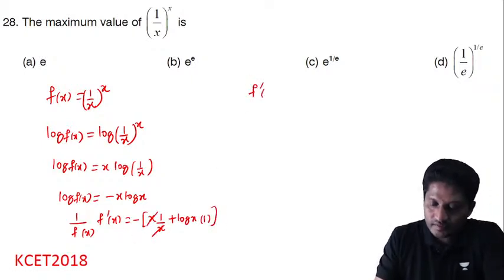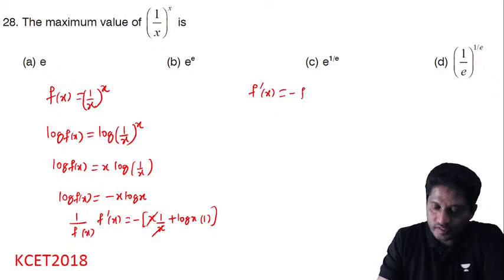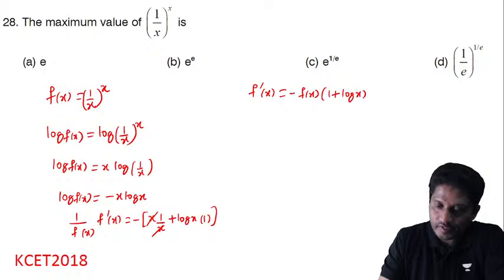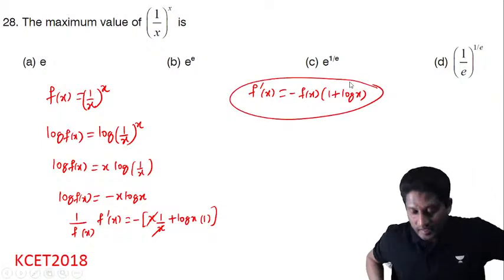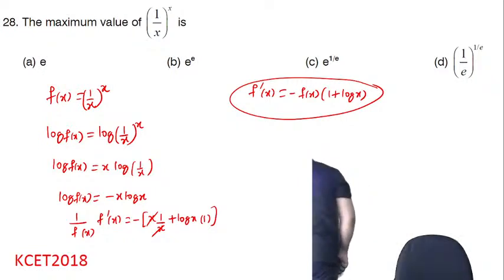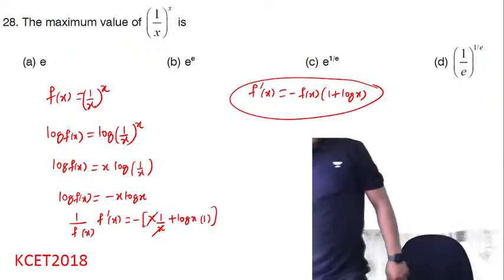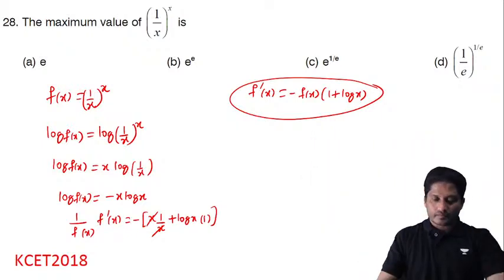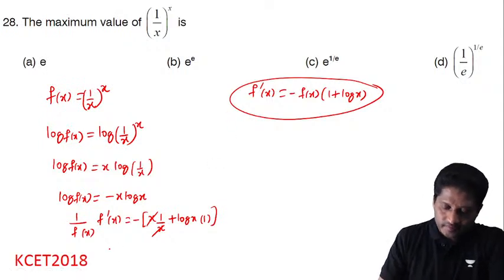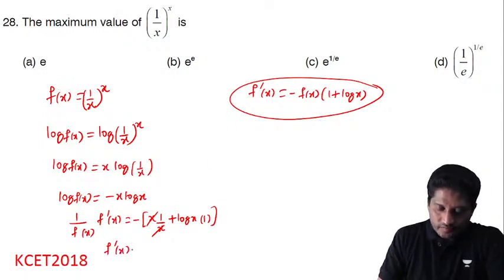If I cross multiply, f dash of x is equal to minus fx into 1 plus log x.